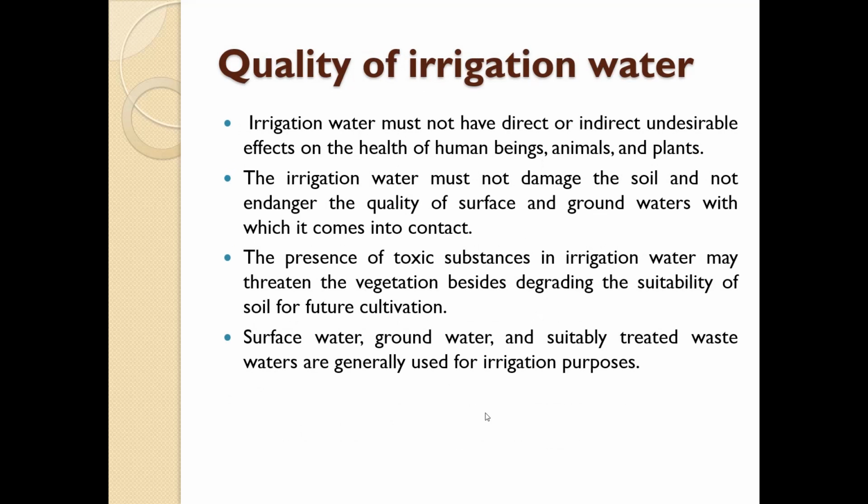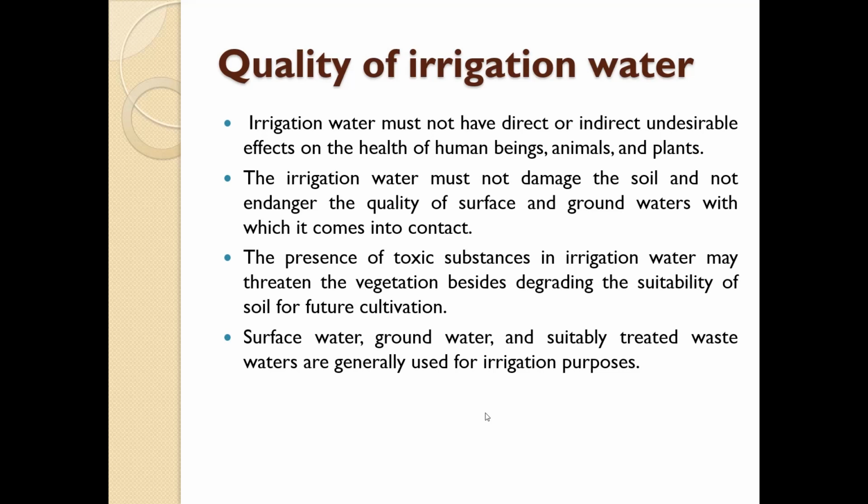So these are all the methods or techniques of water distribution in the farm. Now, the quality of irrigation water. Irrigation water must not have direct or indirect undesirable effects on the health of human beings, animals, and plants.